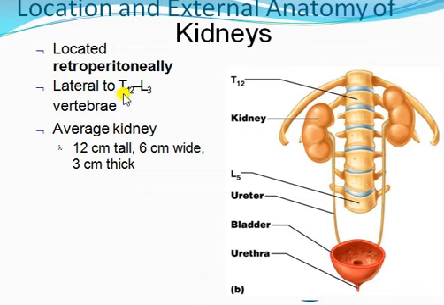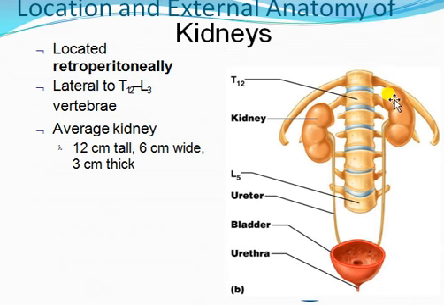The kidneys lie lateral to the vertebral column, on the sides. The vertebral column, exactly, starts at T12. You know how many thoracic vertebrae there are? 12.